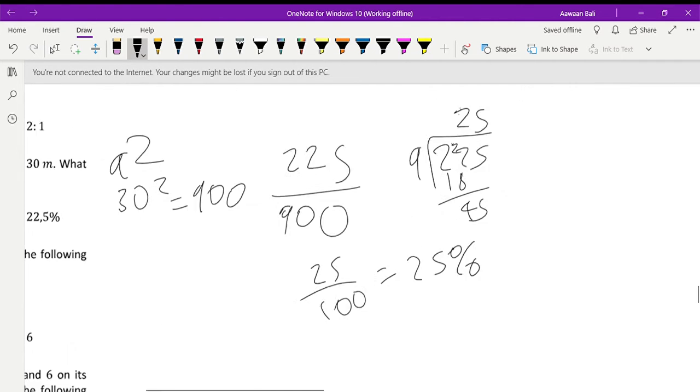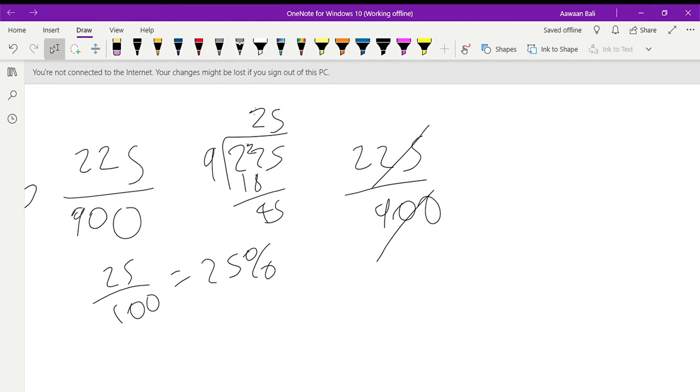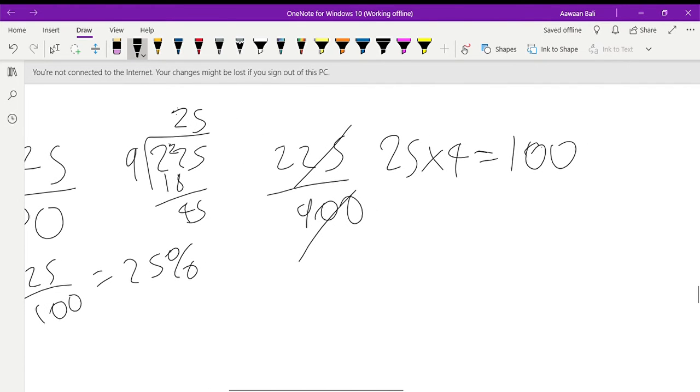Another way you can do is that you can simplify. So we know these are both divisible by 25, and since we know every fourth multiple of the multiples of 25 is a multiple of 100, we can find out 900 easily.